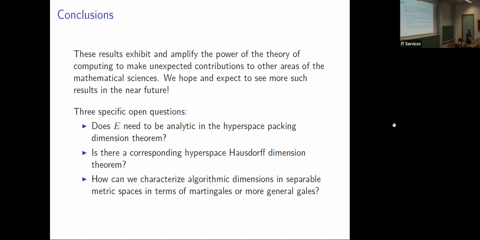That would all give you the same computability theory on that space. But it's not clear to me whether that would change the algorithmic dimension in any meaningful way. Are there points that you can approximate easier by, I don't know, multiples of pi than by rationals, or is it all the same in the end?